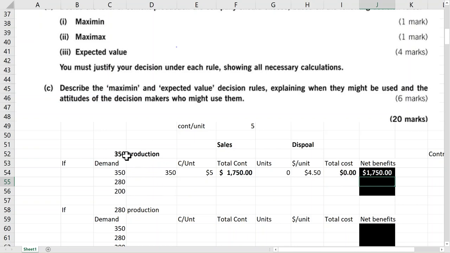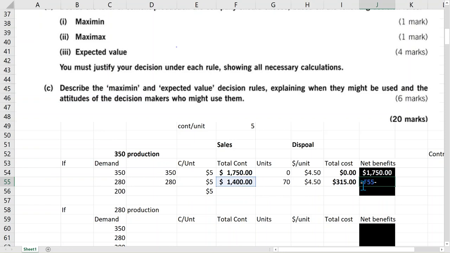If we produce 350 and demand is 280, we will only be able to sell 280, multiplying by the contribution. That becomes 1400. And the units that we produce and do not sell have to be disposed. So 70 units have to be disposed, multiplying by the cost will give us 315.